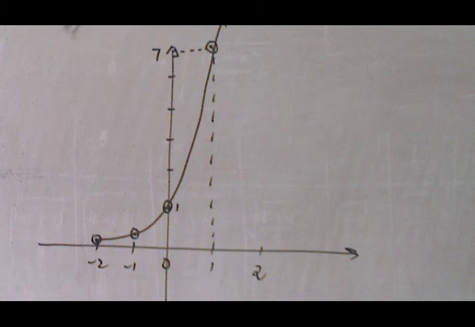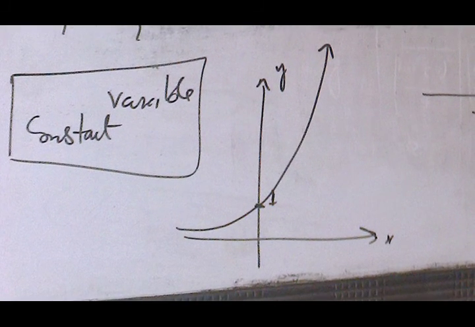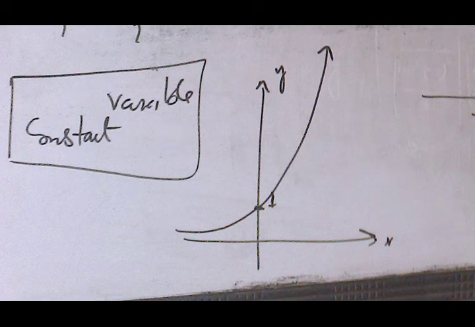On the positive x-axis it moves to the maximum values. On the negative side it moves approximately close to 0. A constant with a variable power always graphs like this.